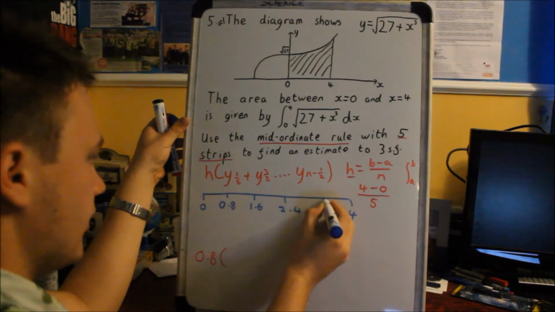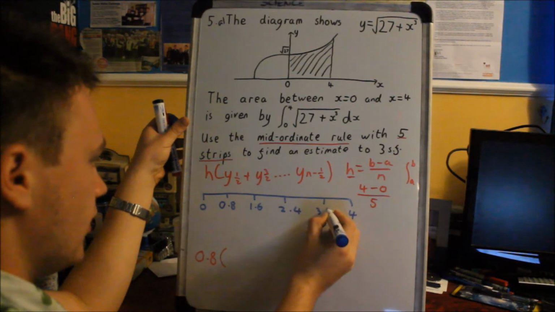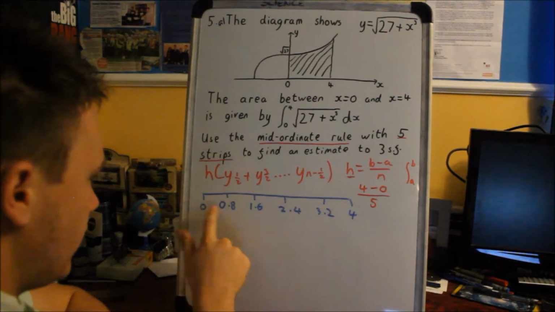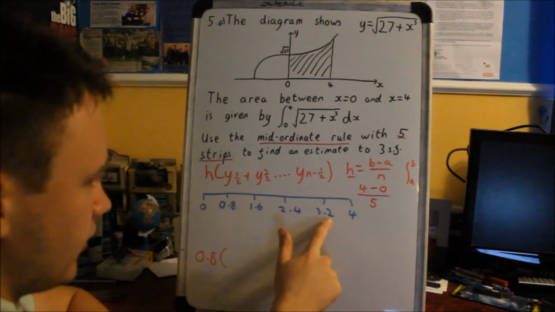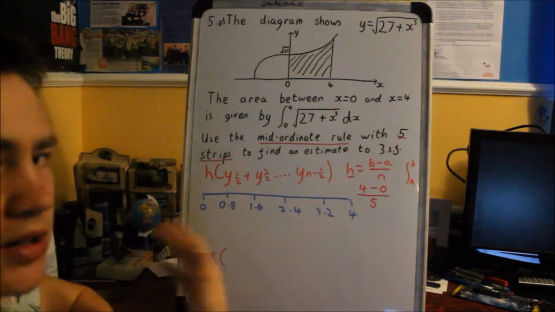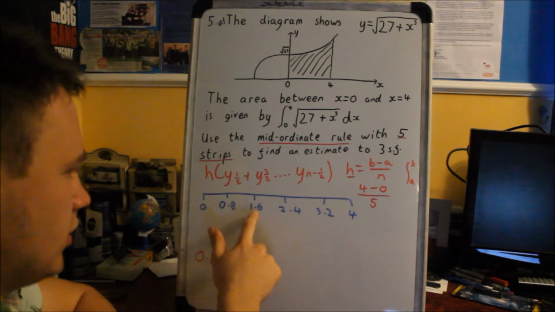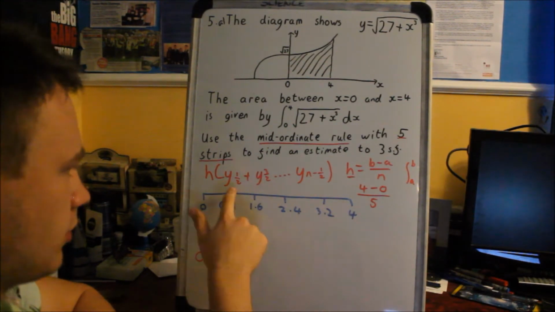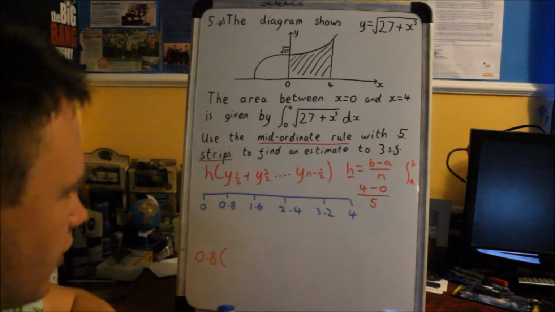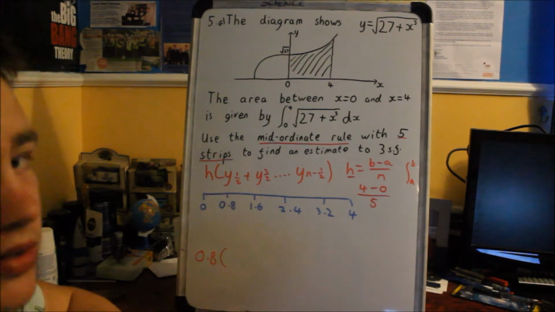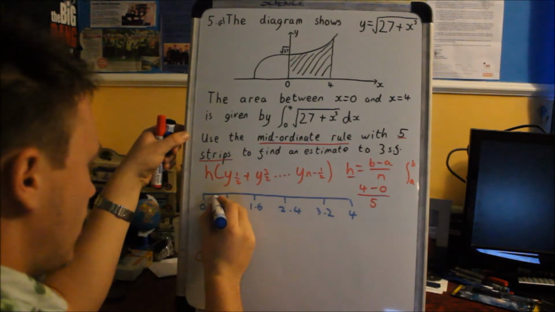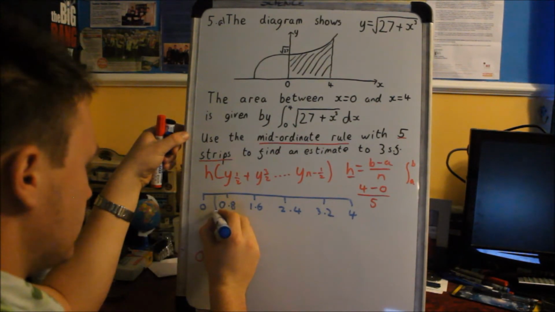So it's actually like this, our various points, and that would be our x1, x2, x3, x4, x5, x6 to put in here. That would give us, in return, y1, y2, y3, y4, y5, y6. But we want y half, y 3 over 2. So rather than doing the normal things that you did in AS and in the trapezium rule, we actually want halfway between the values we've just worked out.